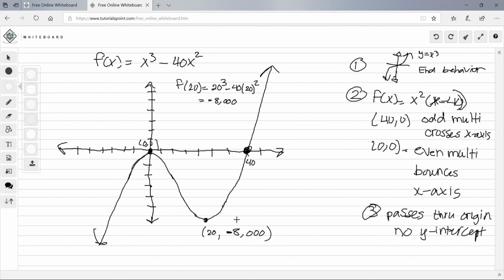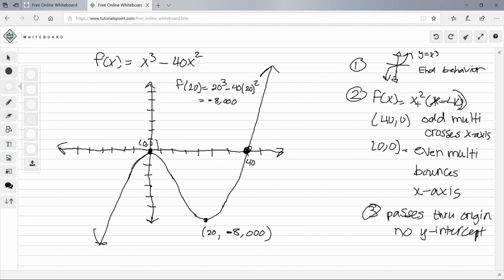So those are the steps of graphing polynomials. You have to find the end behavior by looking at the highest degree, and then you look at the coefficient to see if it's positive or negative, because that determines any reflection. The second step is to find the x-intercepts by using the rational zero theorem, or p over q, and then use synthetic division to figure out if it's actually 0.